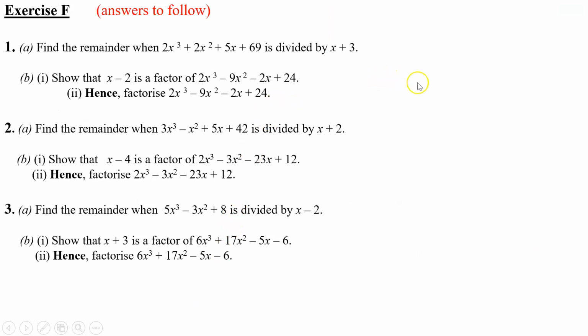Questions for you to have a shot at, and answers are following. So either do them now, stop the video, do them now, or do them at the end. So I've got find the remainder, factorize, if you know that x minus 2 is a factor, and hence factorize, and two other ones which are nearly the same.